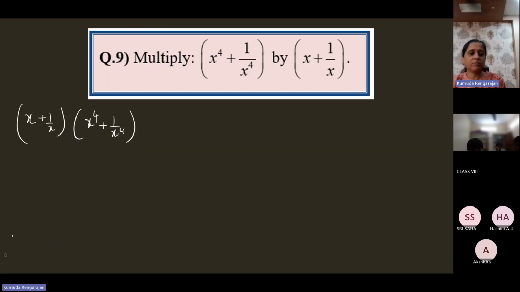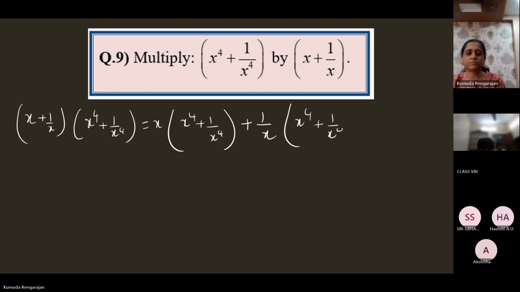Okay. So how do we multiply? First term multiplied by the second bracket. Second term multiplied by the second bracket. First term x multiplied by the second bracket, x power 4 plus 1 by x power 4. Second term plus 1 by x multiplied by the second bracket, x power 4 plus 1 by x power 4. Now multiply x into x power 4, x power 5.